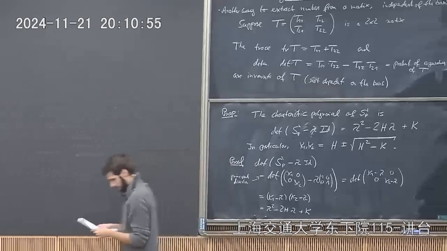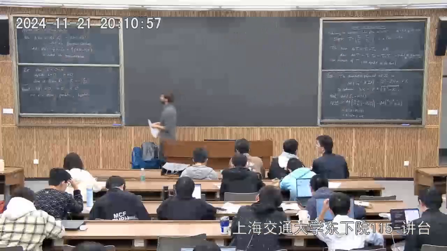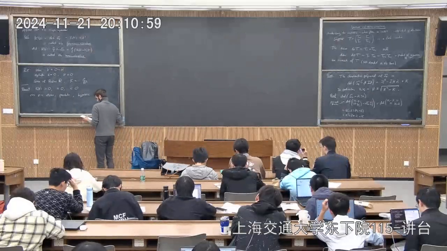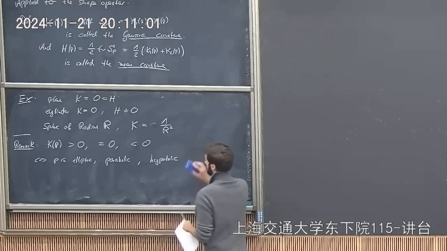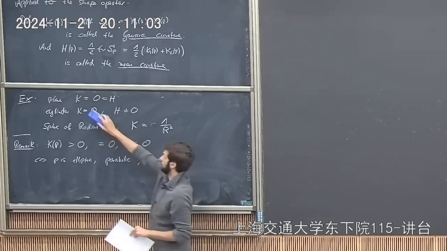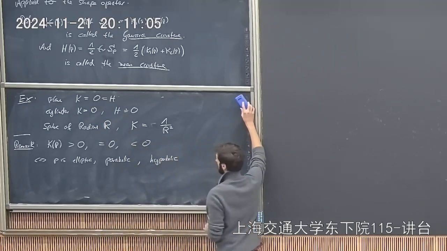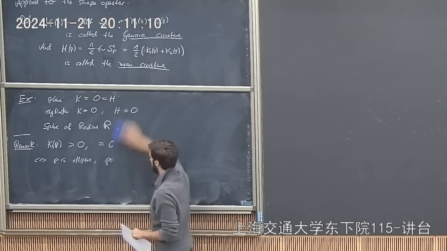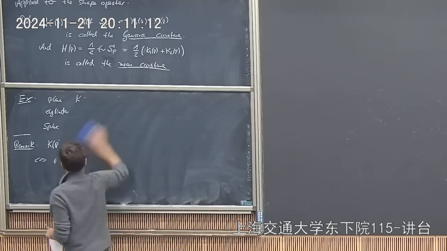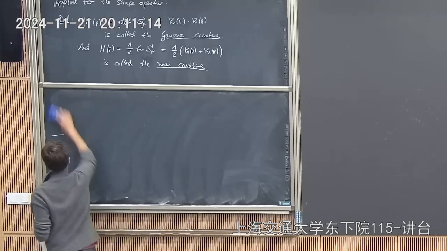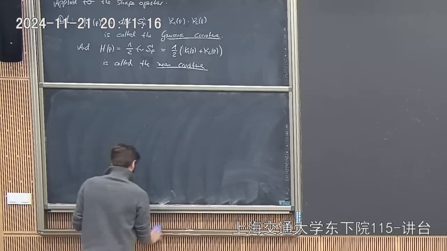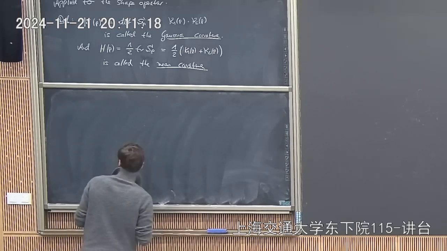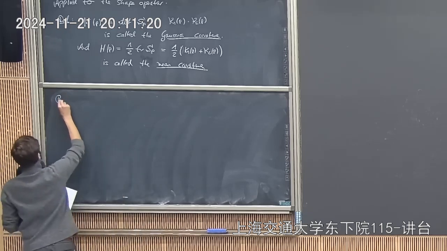And in the following, there is one more calculation which shows you how to get k and h in terms of the connection forms. And that's the following important proposition.